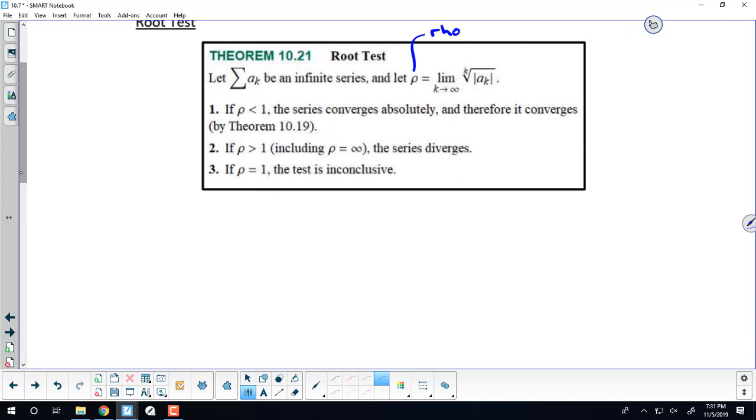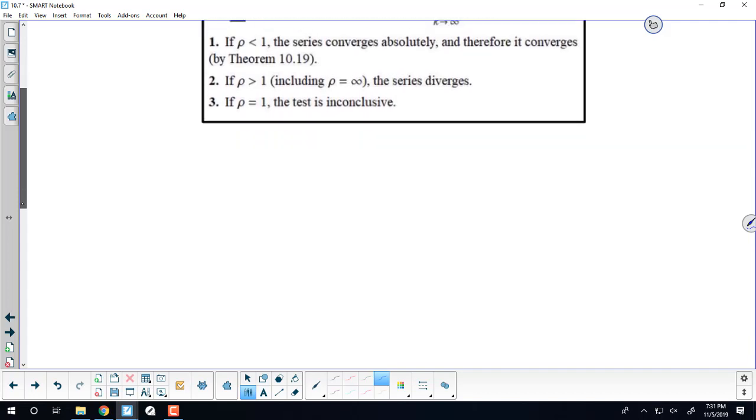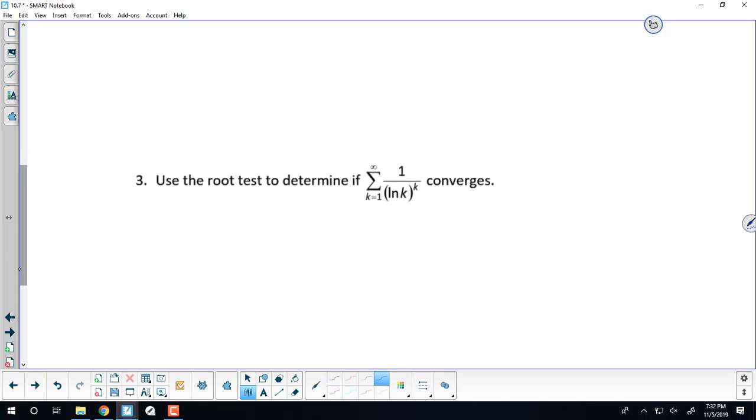This test again is also, at the tail, geometric, so we've got another similar conclusion. But it uses the kth root of the a sub k that's given. So you could envision that this would be useful for terms that just have the kth power attached to them, like 1 over ln of k to the power of k.